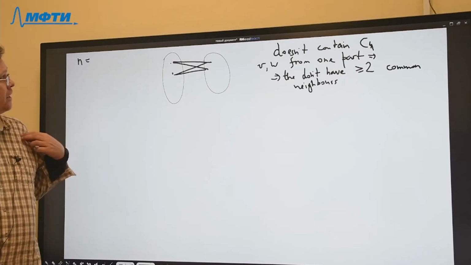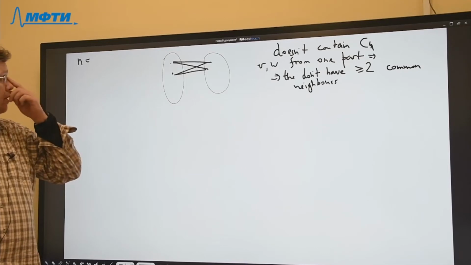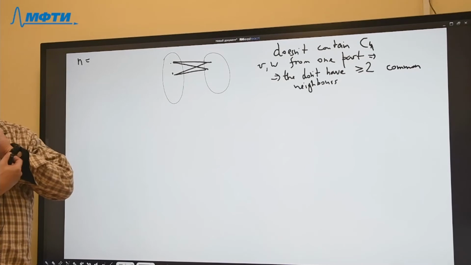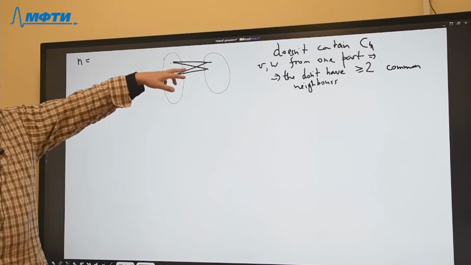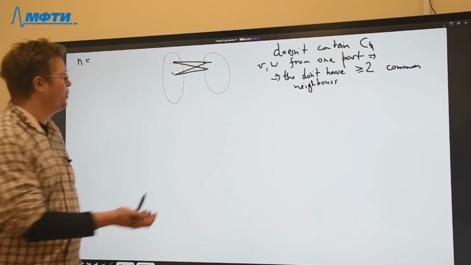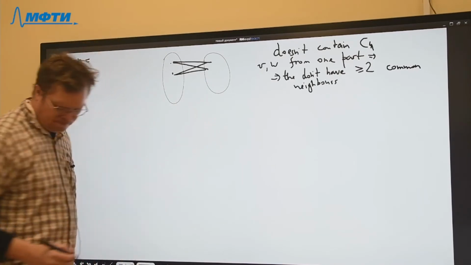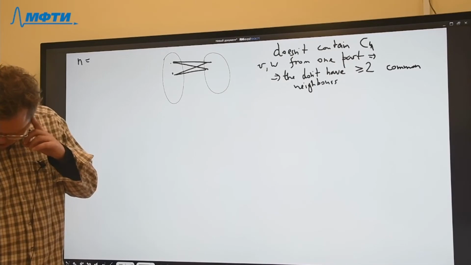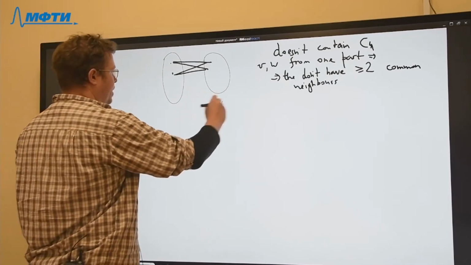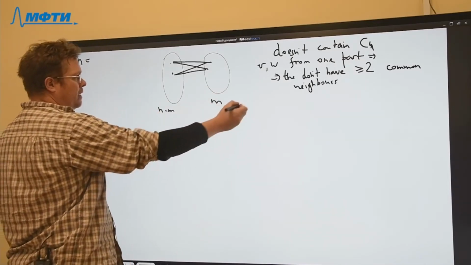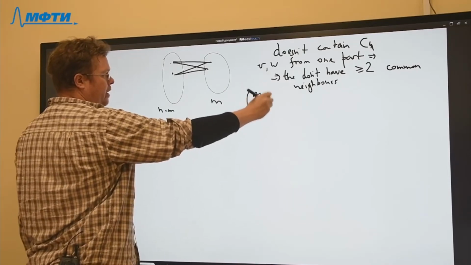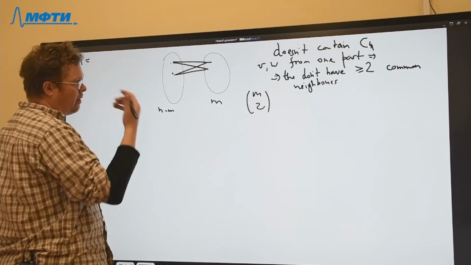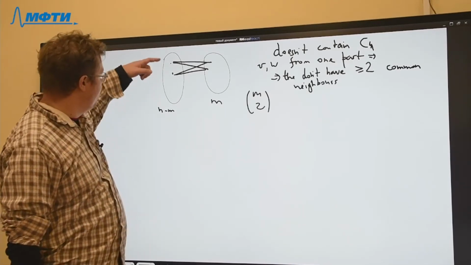So let's calculate all the possible pairs of vertices from one side. Denote the parts by m and n minus m. Then we have only m choose 2 possible pairs of vertices, and they are all covered by the vertices from the other part.